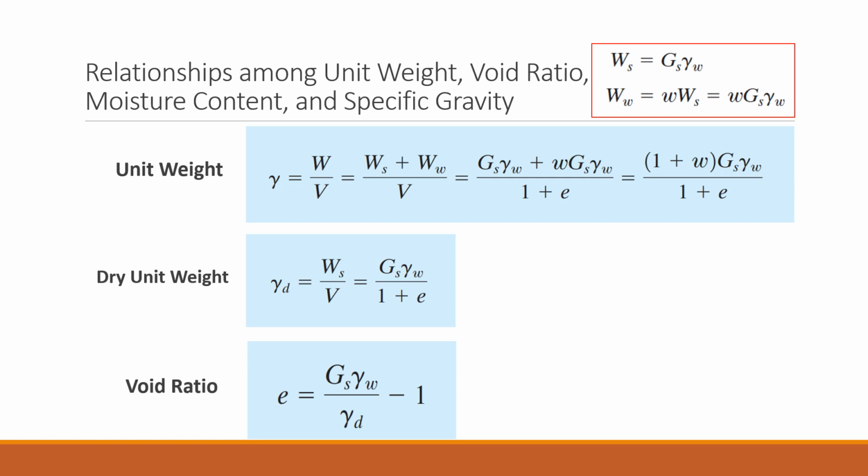So if given problems, we are asked to solve for unit weight, dry unit weight, and the void ratio, and we are given the values of our void ratio, moisture content, and specific gravity, these are the formulas we will use.